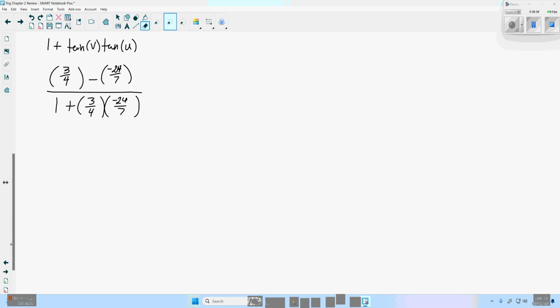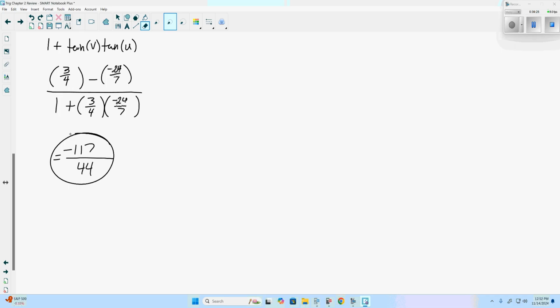I would just plug it in at this point, because it's not impossible to do by hand, but one of the first things we'd have to do is get the 7 and 4 to have like bases, which is I think 28. It's actually going to reduce to negative 117 over 44.